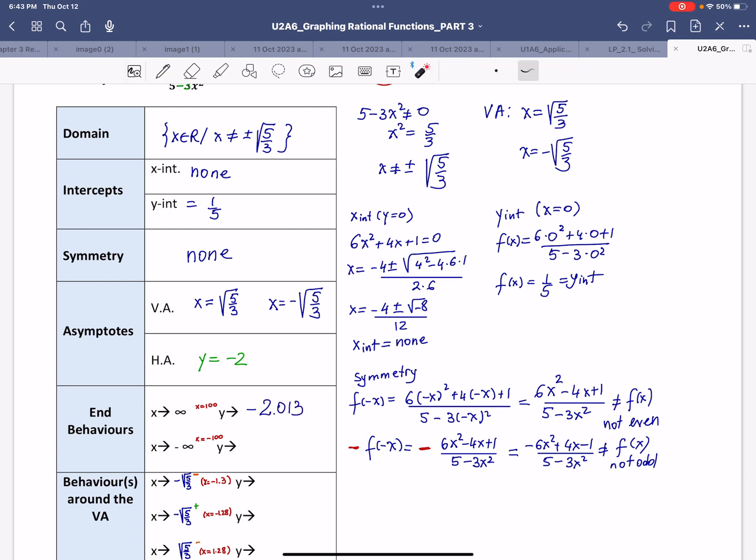Now, we are not interested just in the exact value here. What we are interested in knowing is whether the function will be above or below the horizontal asymptote.